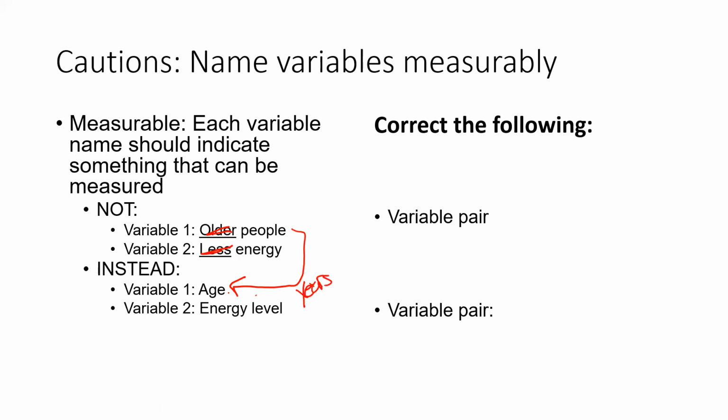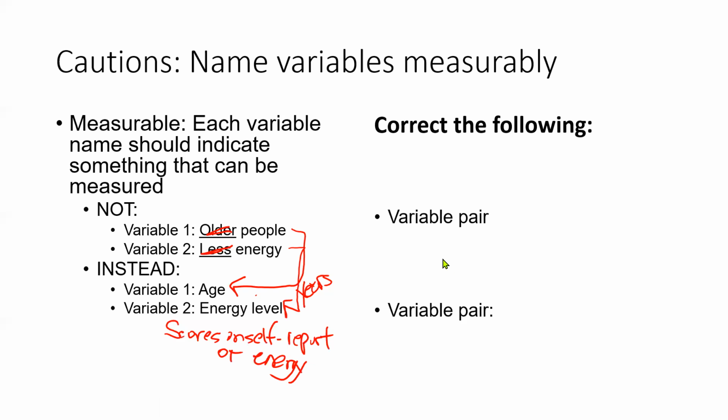That's easy to measure. And then energy level, we still don't know what we're exactly measuring there, but let's just say scores on self-report of energy. So we're going to just ask these people about their energy level, and their scores are going to be what we're counting.